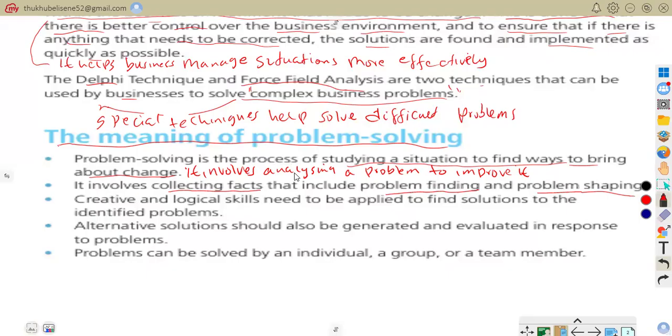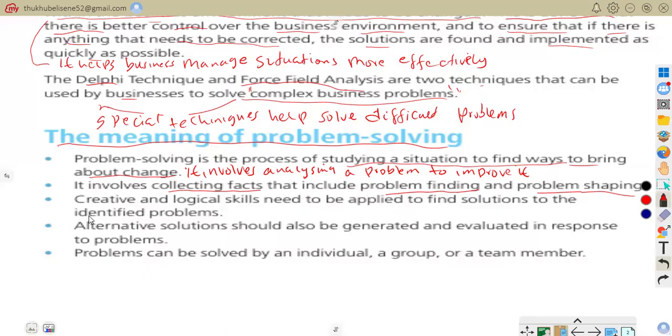For example, collecting customer feedback before making a decision. Hope you're together on that.